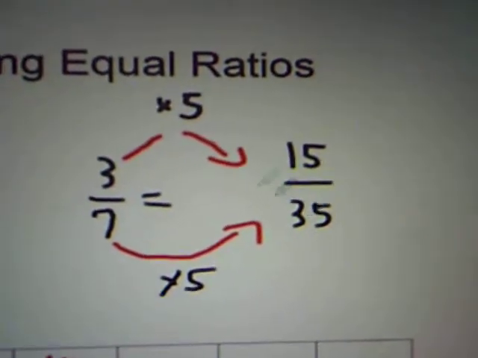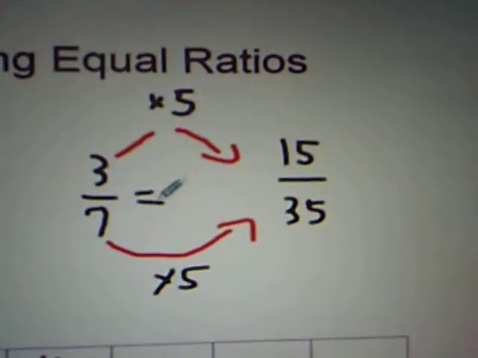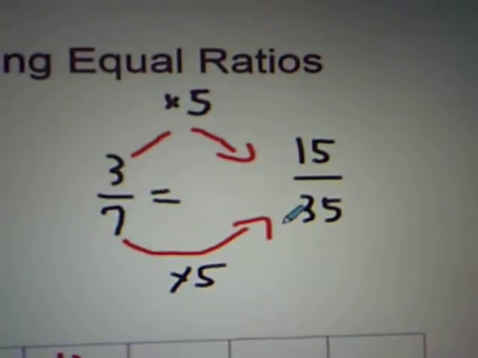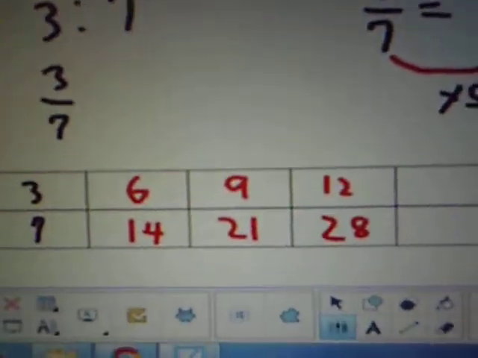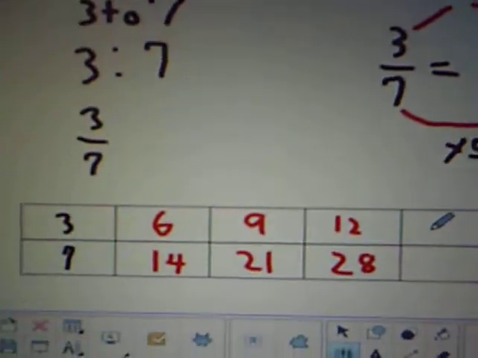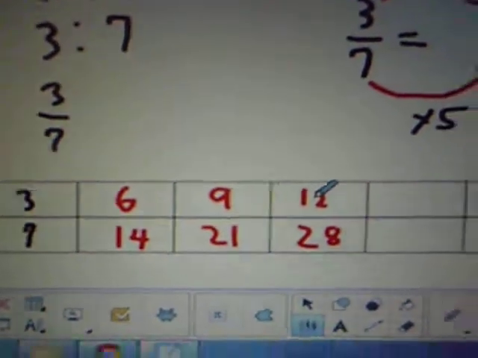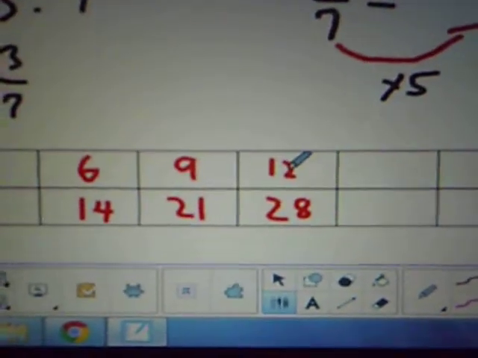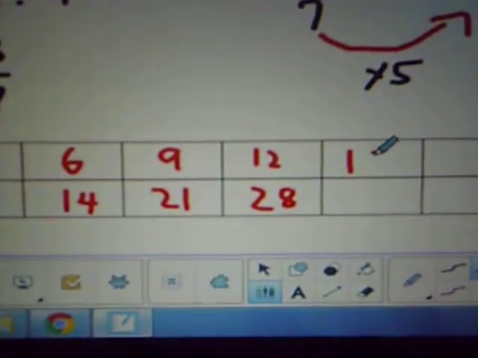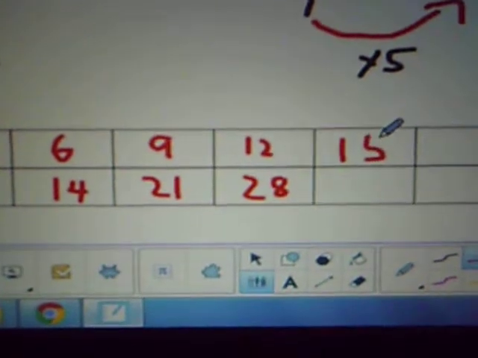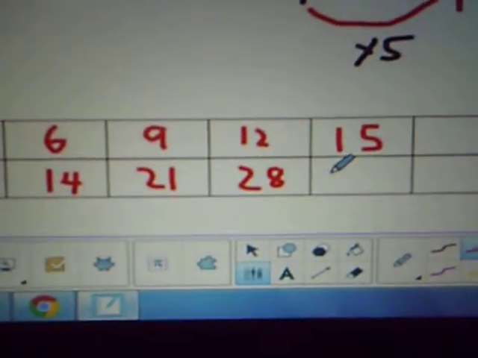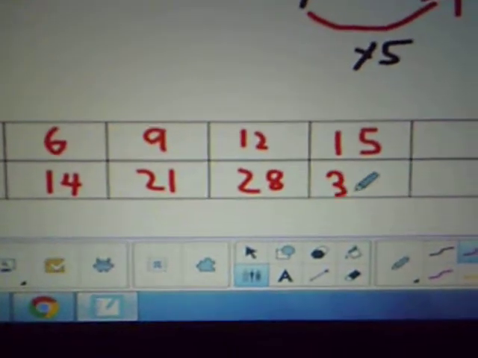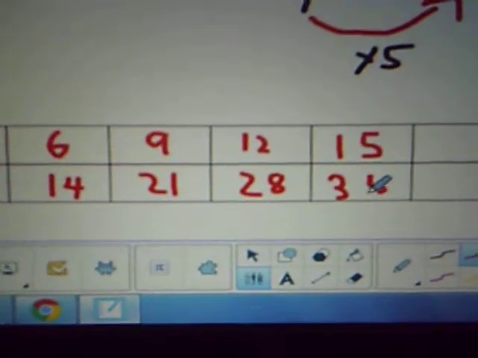They're both equal ratios because I multiplied both numbers by the same amount. And if you look down here, if I kept going in the same ratio, 3 to 7, I'll eventually get 15 to 35. So if I added 3 more here, it would be my 15. And if I added 7 more here, you guessed it, it would be 35.